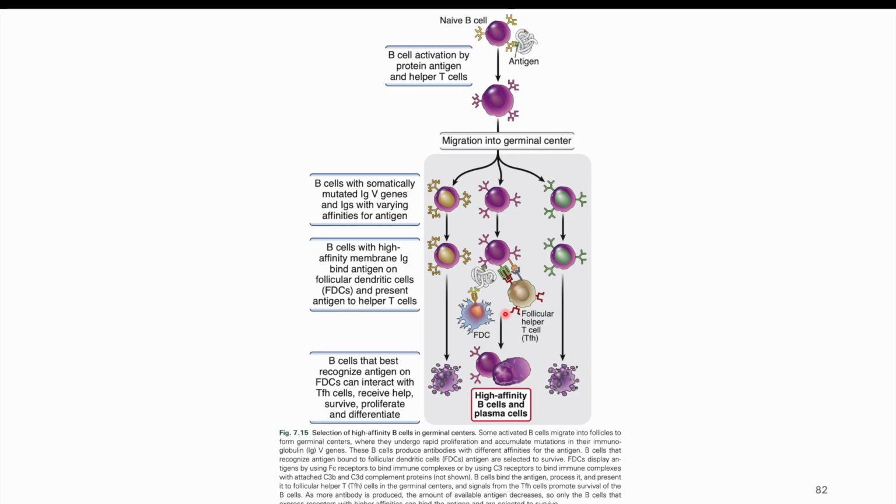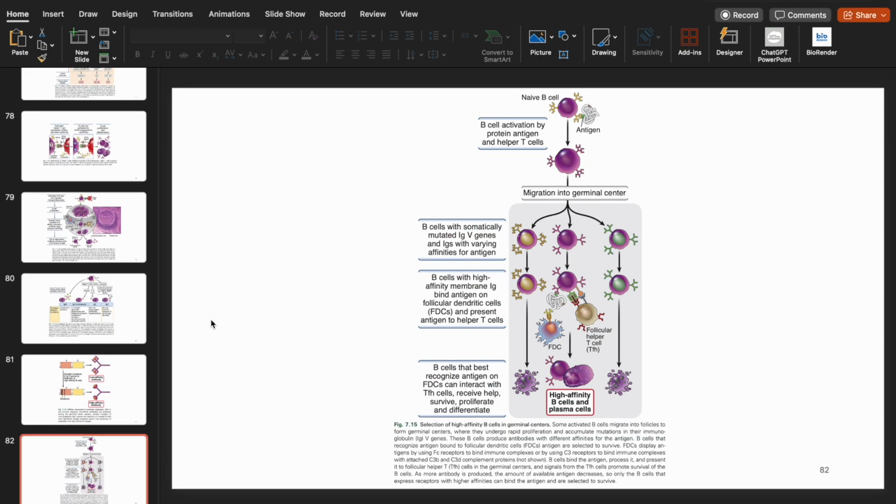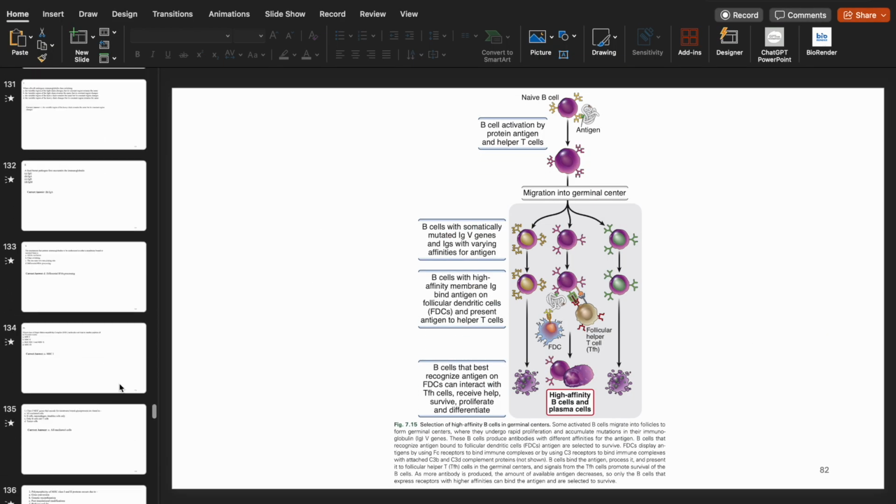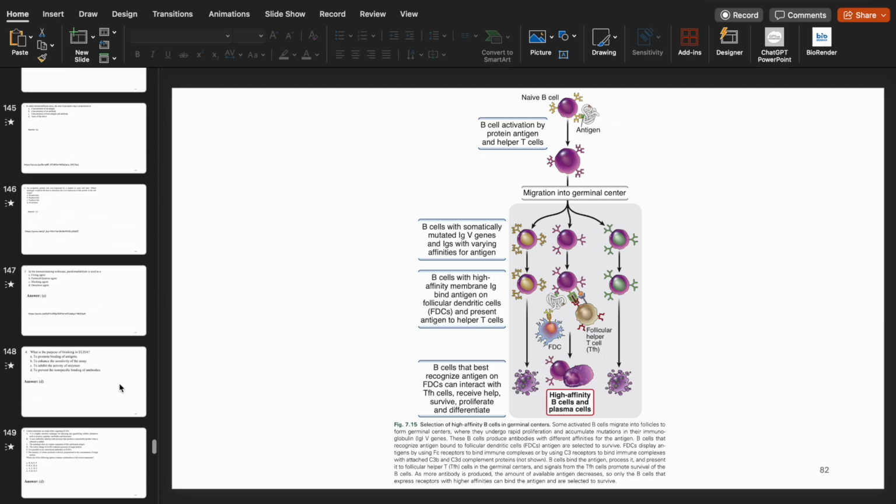The cells which bind to it with high affinity will be selected with the help of follicular helper T cells, and then they will be allowed to proliferate and secrete the specific antibody, and all other cells which are not selected will be subjected to apoptosis.